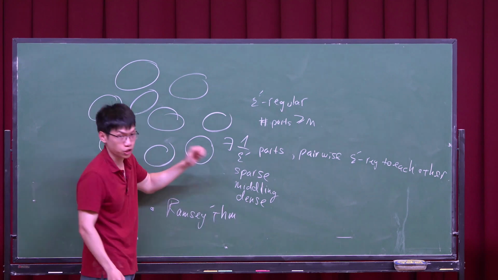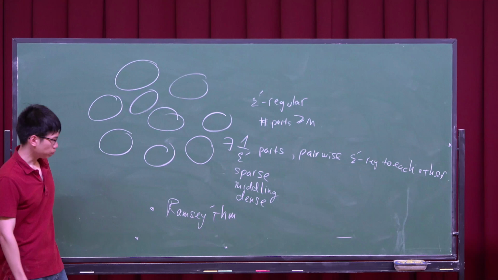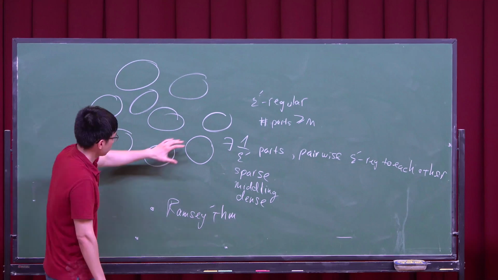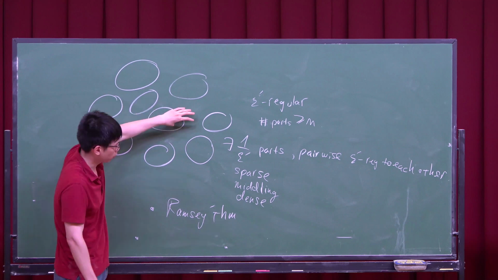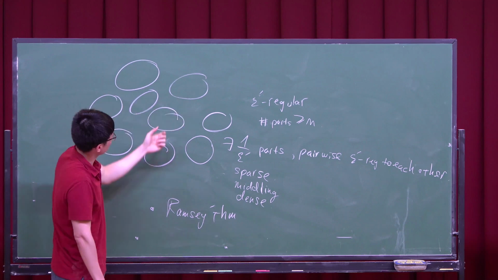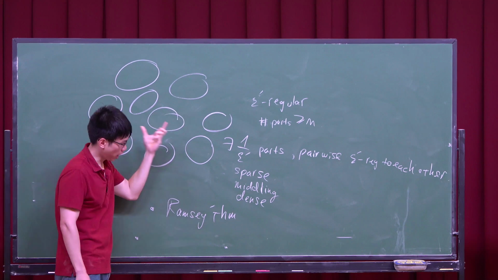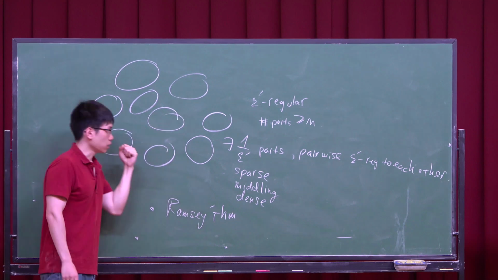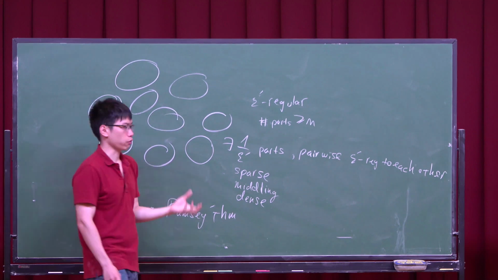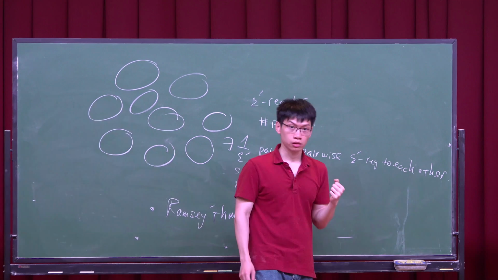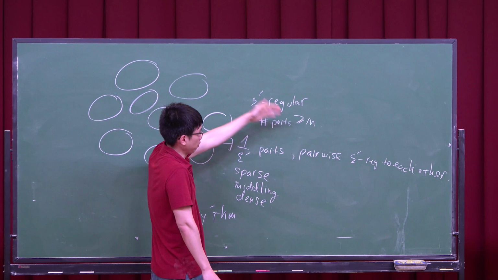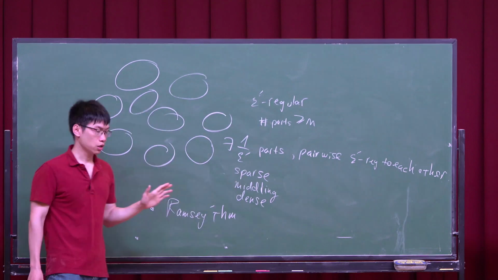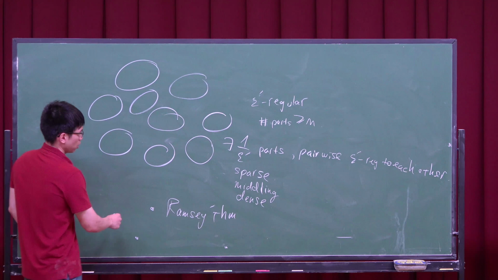Okay. And now every pair in this picture is epsilon prime regular, and at the same time they are all sparse, or all dense, or all middling. The point here is we have shrunk the graph just by a constant factor, right? Because as I said, we were going to choose epsilon prime and M as functions of epsilon. So now we have three outcomes: sparse, middling, or dense.